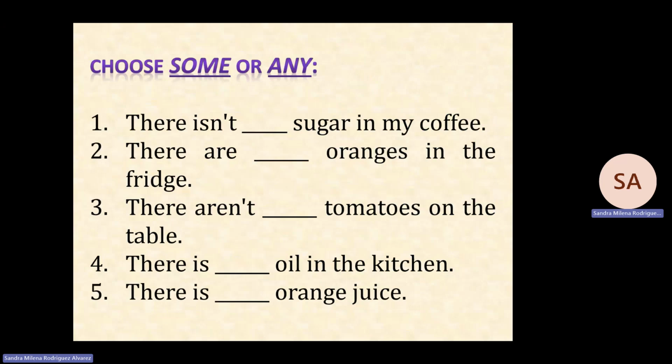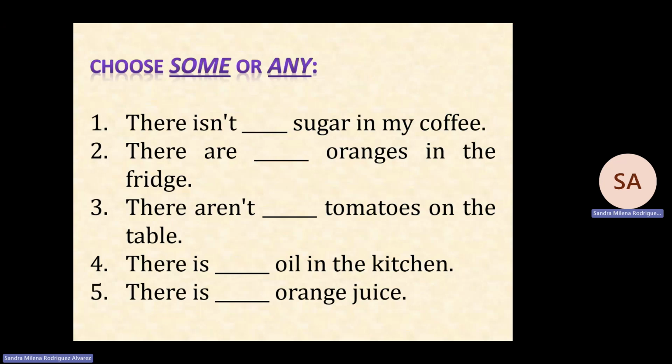The second, there are oranges in the fridge. As it is affirmative and we are talking about a plural countable noun, it should be some. There aren't tomatoes on the table. As it is negative, and I am talking about a plural countable, it is any.